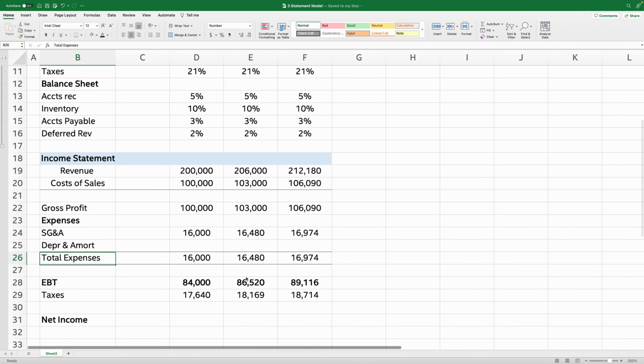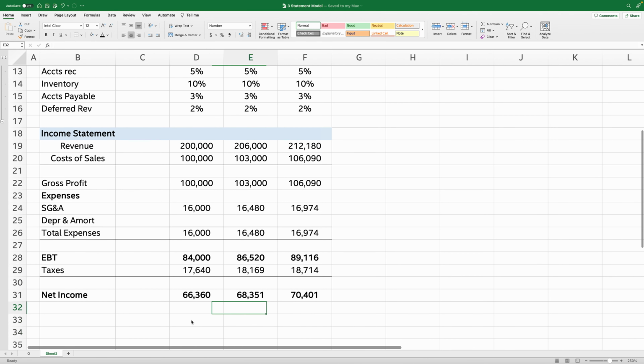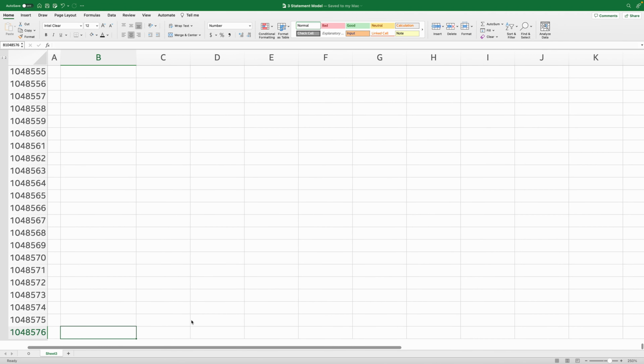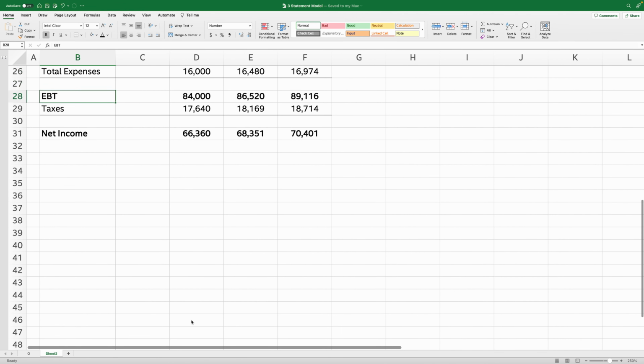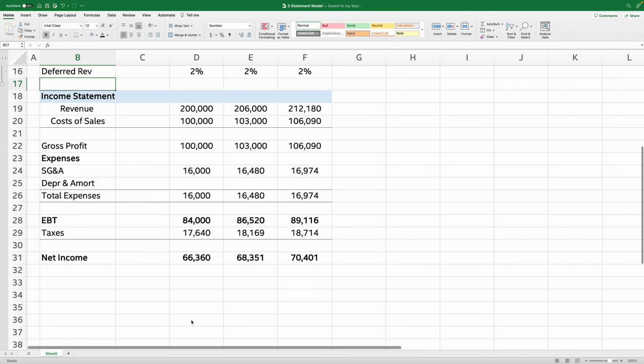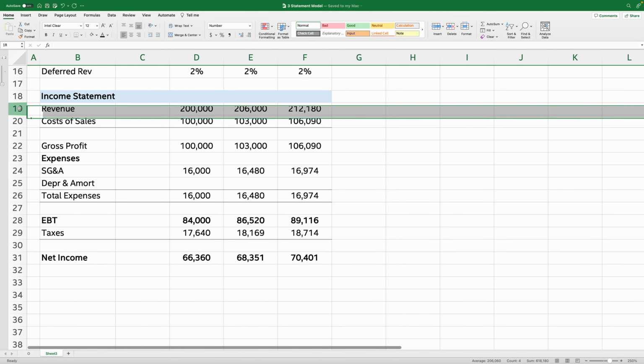Then for net income, we copy this formatting and throw it here. So EBT minus taxes gives this amount: $66,000, $68,000, $70,000. So the business is booming. We calculate some other stuff later. But for now, this is the income statement as you know it. This is our basic income statement.